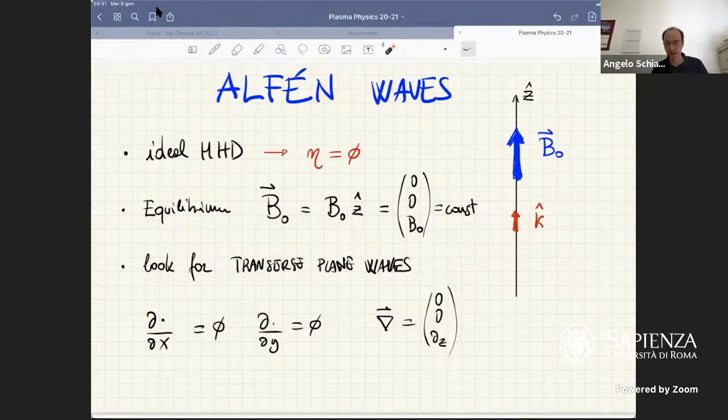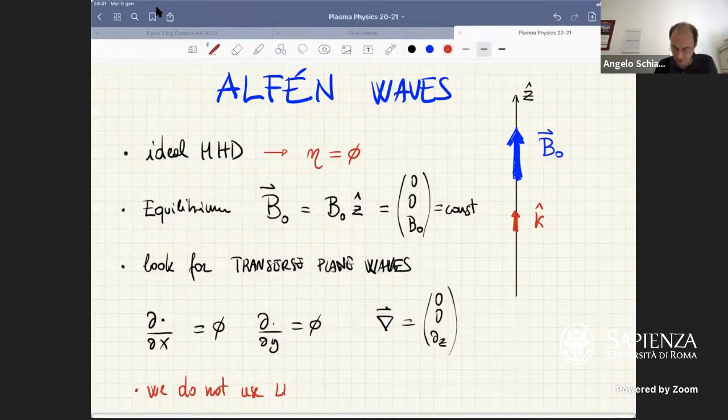Okay. Another assumption, and this is important: we are not using the linear approximation. We do not use linear theory.